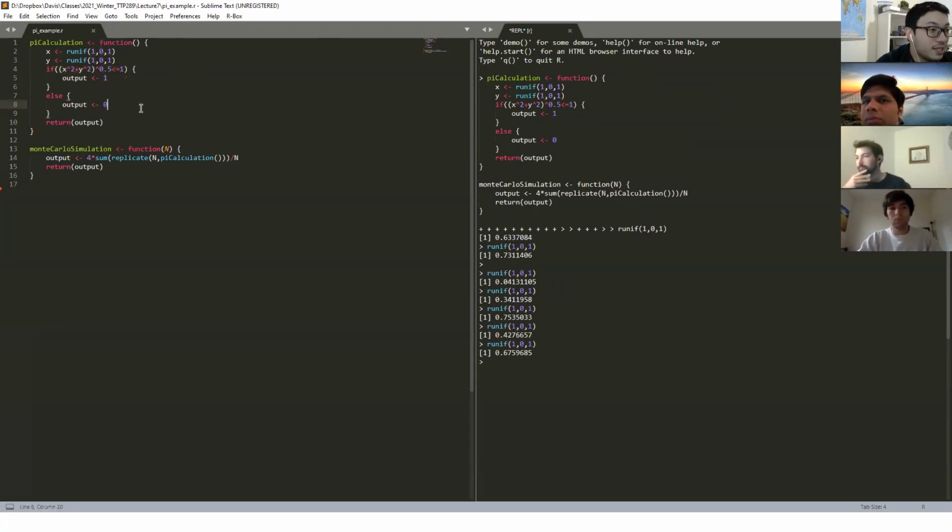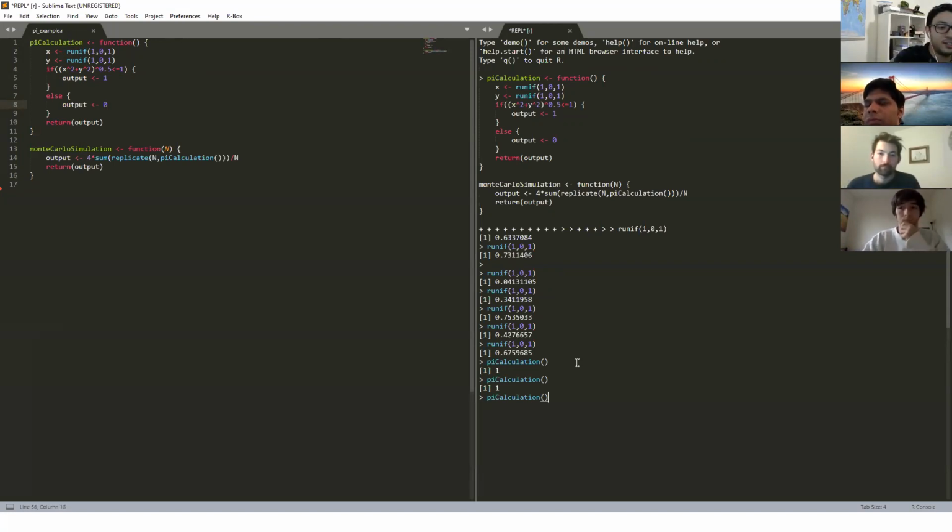So what this pi calculation function does essentially is it throws one rock into that space, and if it lands in the circle, it's a 1, and if it lands outside of the circle in the square, then it's a 0.